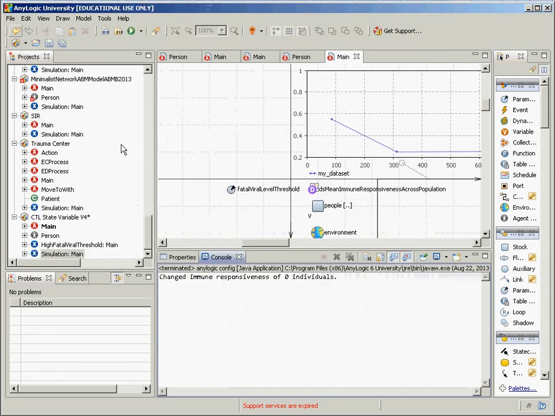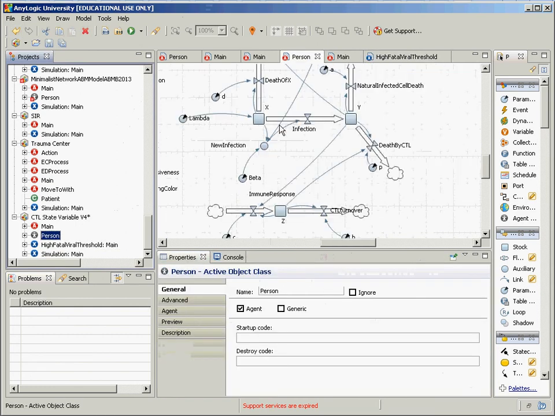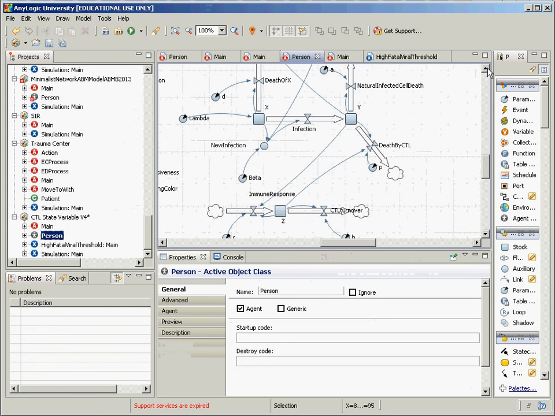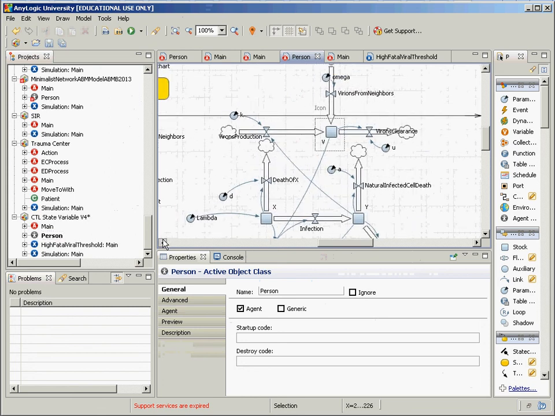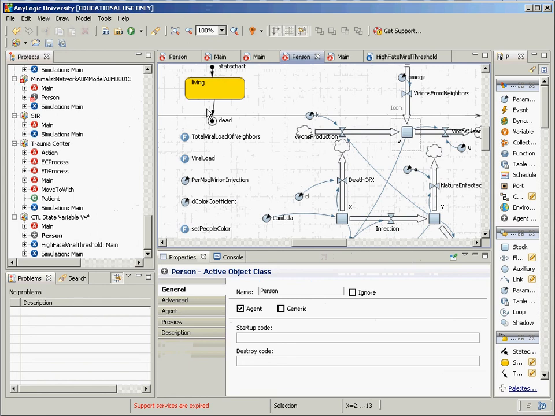So if we go up to person and check the conditions, here's another test. If you wanted to make it so that a person dies when they receive too high a level of free virions, how would you do that? Anyone?